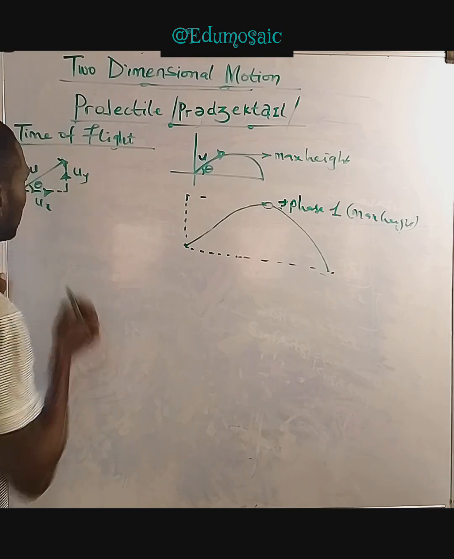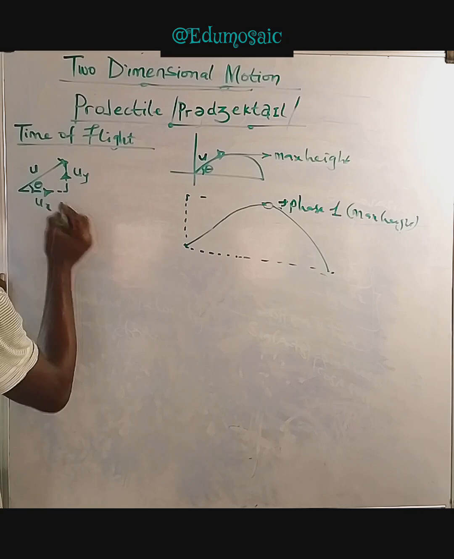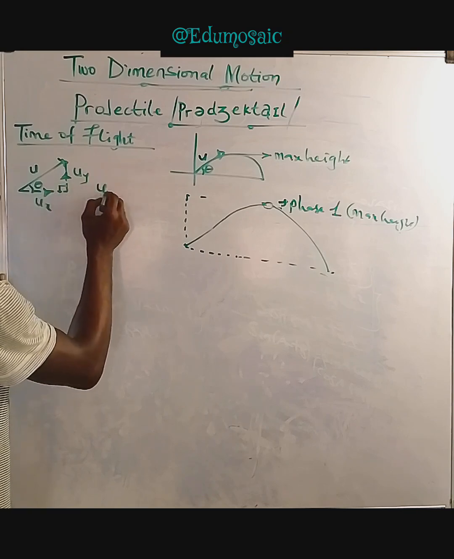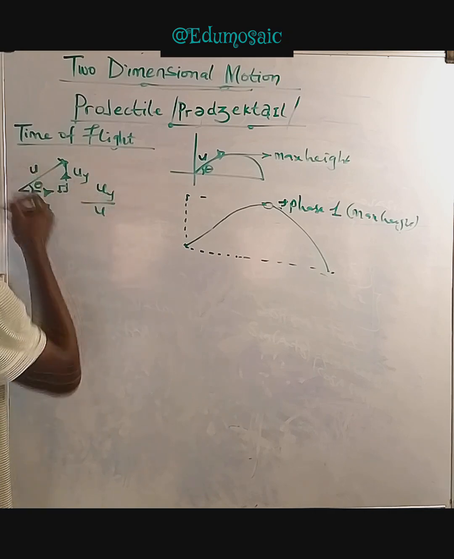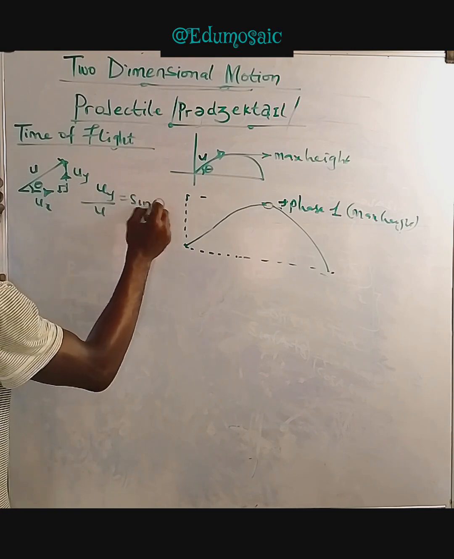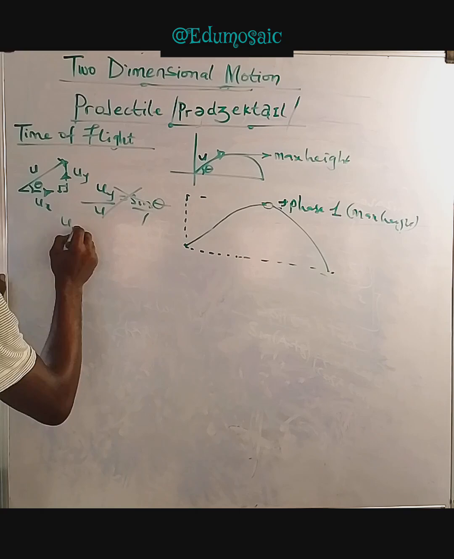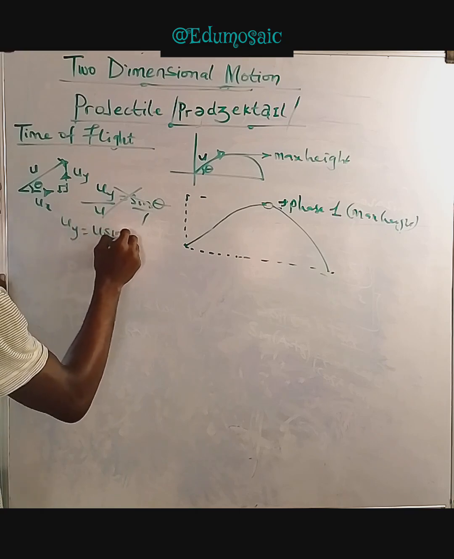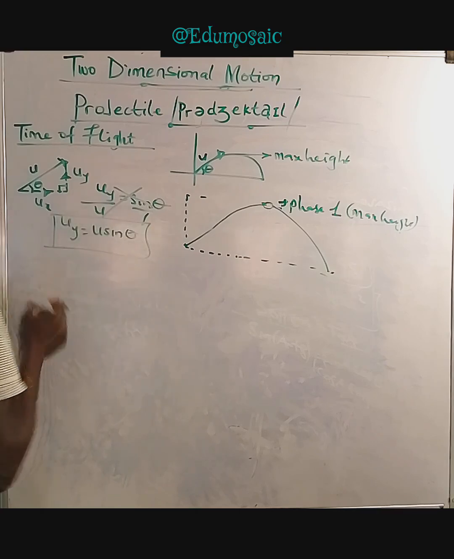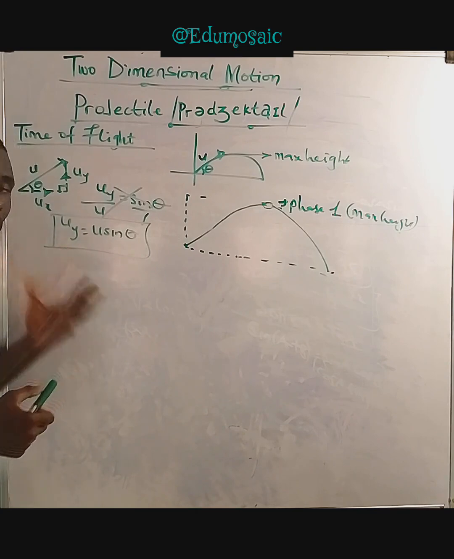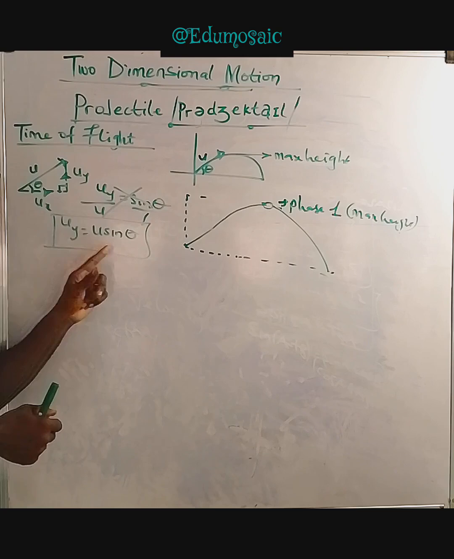Now don't forget SOHCAHTOA: opposite, hypotenuse, adjacent. Very important. So uy over u, opposite over hypotenuse, is sine theta. So uy is u sine theta. The initial velocity of the body along the y-axis is u sine theta.